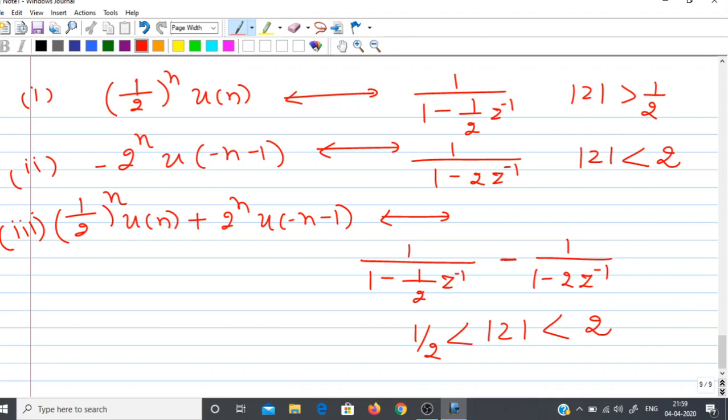Now this sequence is called a right-sided infinite sequence. This is a left-sided infinite duration sequence, and this is a two-sided infinite duration sequence. So let me explain what is meant by a right-sided sequence, a left-sided sequence and a two-sided sequence.